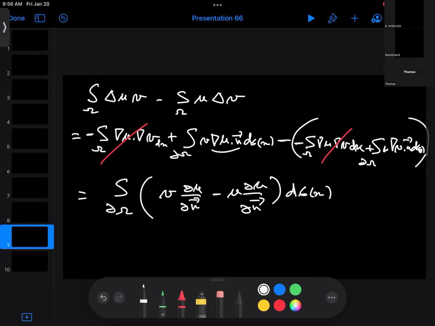So I have this formula, which expresses the integral in terms of the values of u and v at the boundary.